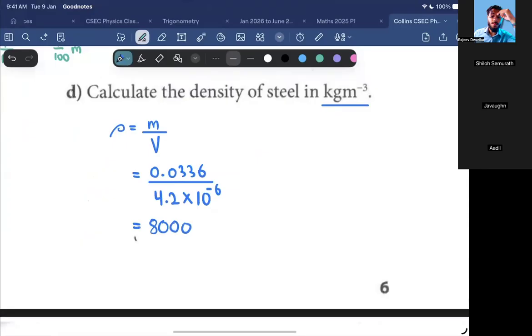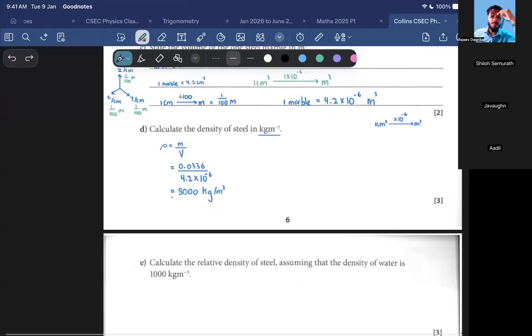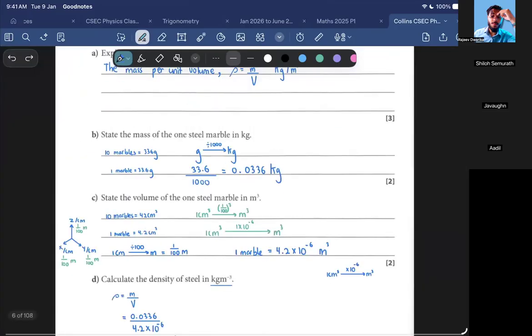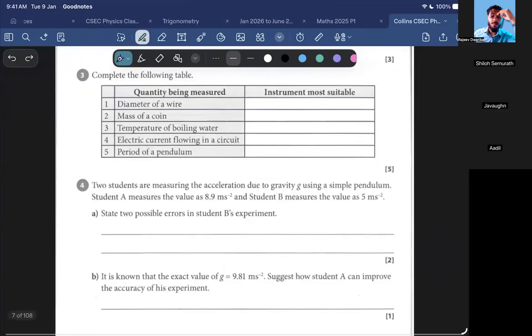Where's the units? Sir, kg/meter cube. Right, kg slash meter cube. Or, again, you can say kg m to the power minus 3. That's fine.